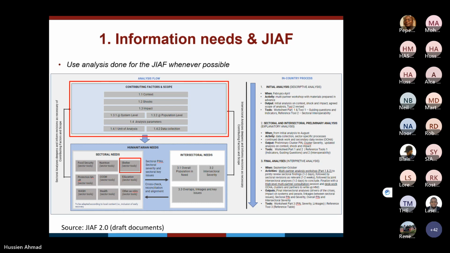And we'll see more next week on the secondary data analysis and how we'll use the evidence list to populate the area level severity and, based on that, calculate the PIN figure. So more or less, the framework accommodates more data sources or data collection methodologies rather than being fully dependent on household level data.